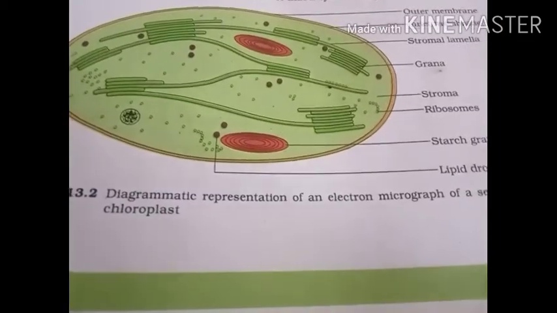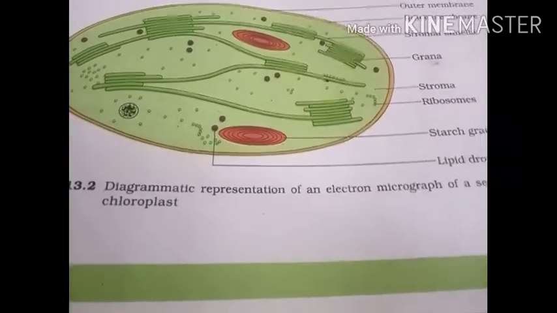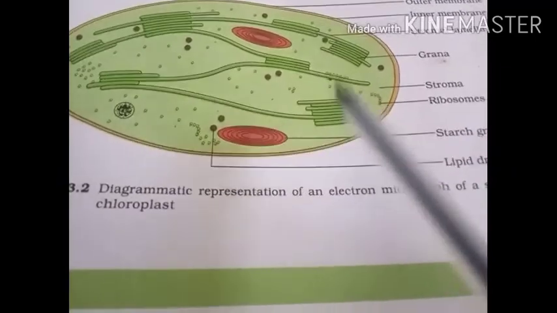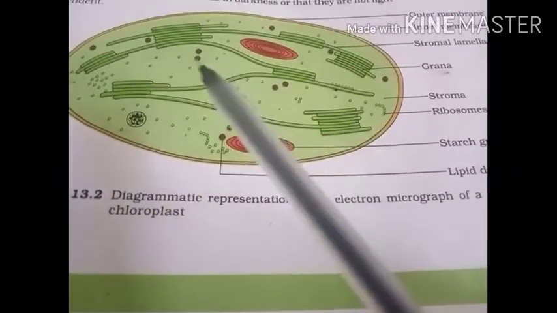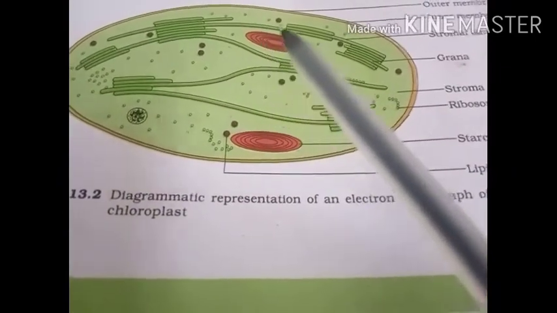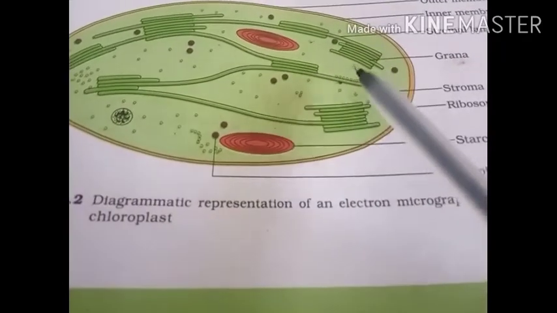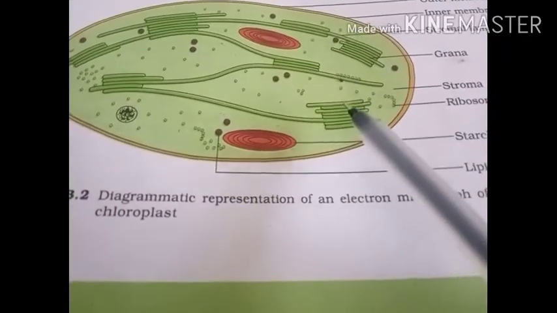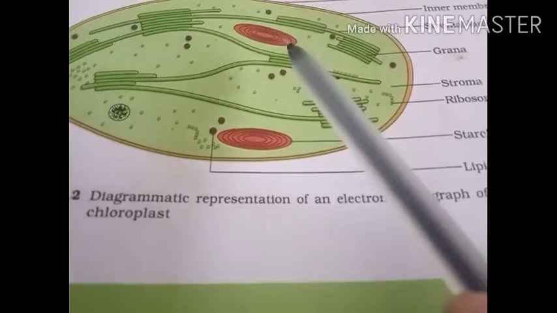So as we have discussed, the membrane system is responsible to trap the light energy and also helps in the synthesis of ATP and NADPH, meaning the light reaction takes place within these grana.